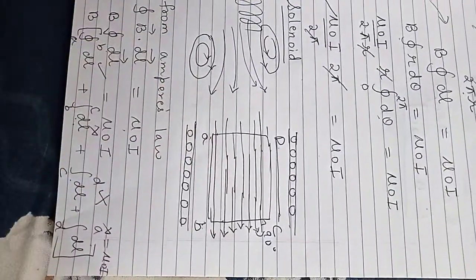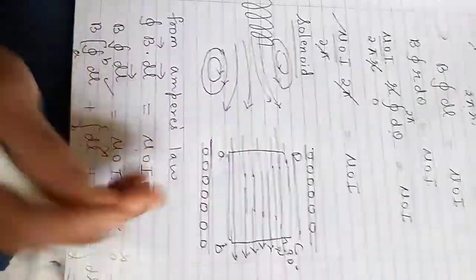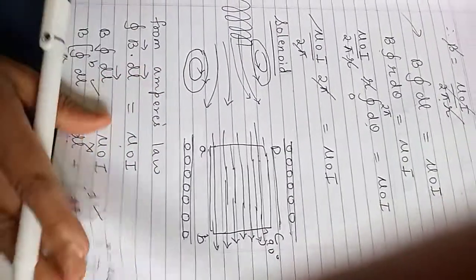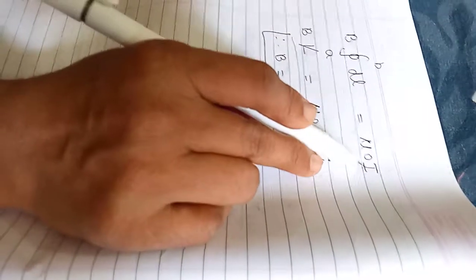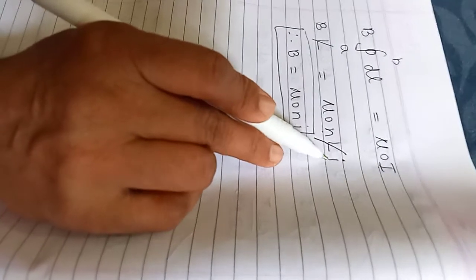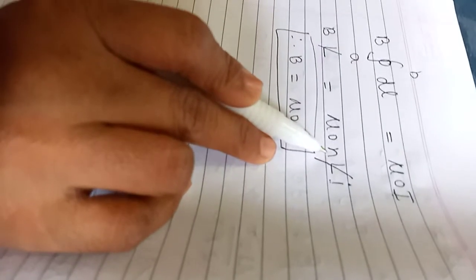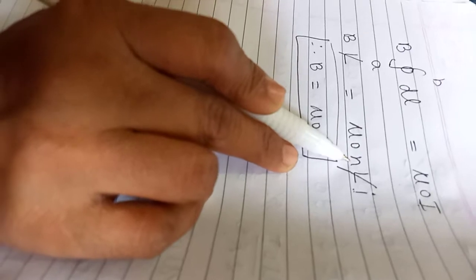And CD is outside the magnetic field, nothing to do with the magnetic field here. So the surviving term is only AB, and so we integrate only AB, which is L. Total current I is the current flowing through each turn, small i, multiplied by the number of turns, which are of total length L. Done. This is the expression for magnetic induction along the axis of the solenoid, inside it. Understood? Done. Now let us take the toroid.